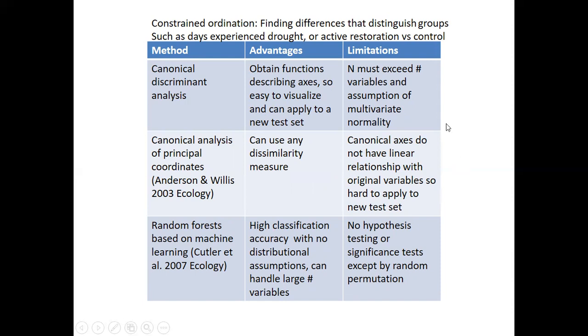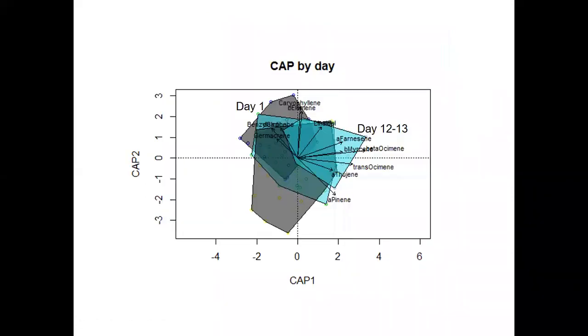But briefly, it's because the parametric method that I just showed you, you have to have a sample size exceeding the number of response variables, and we don't have that. So just to show you how a canonical analysis of principal coordinates, when these other methods of ordination would look like for this same volatile data I just showed you.